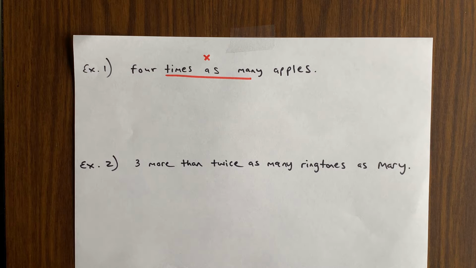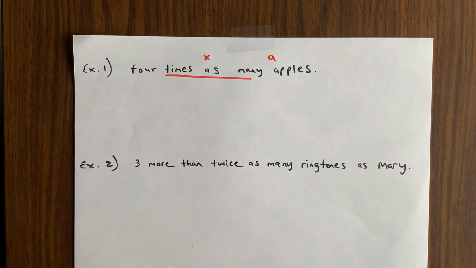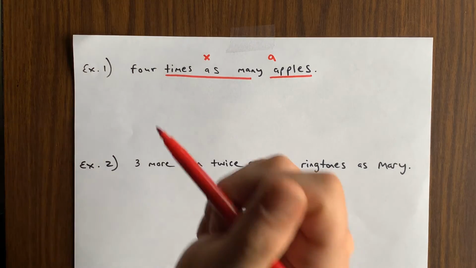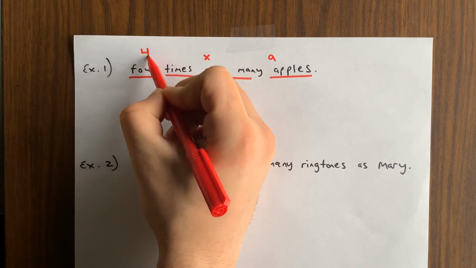Next, we're going to define the variable. Like I told you just a second ago, we don't know how many apples there are. We do not know how many apples are in this problem, and that's our variable. We can use the letter A for apples. We don't know how many there are. That's my unknown. And then the number we're working with in this problem is 4.